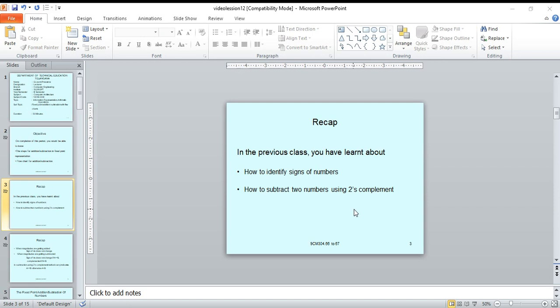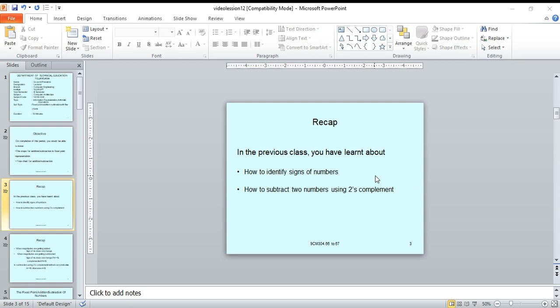For the magnitude bits, first we write them in ones complement form, and then add 1 to the ones complement result. Then we get the two's complement value.